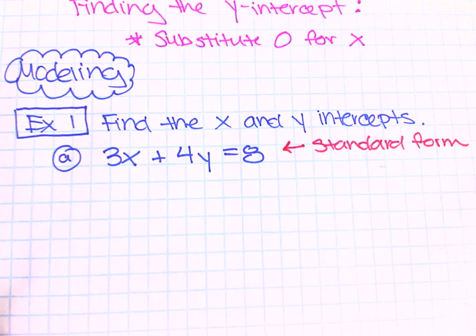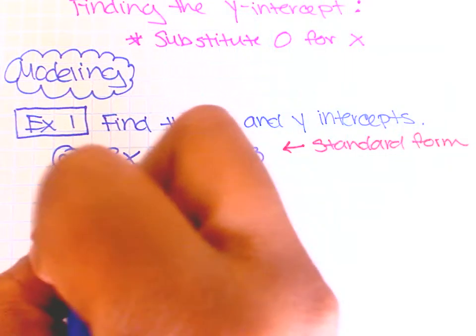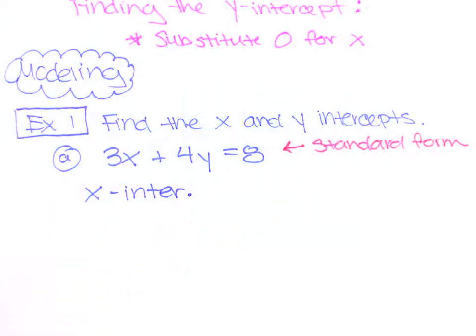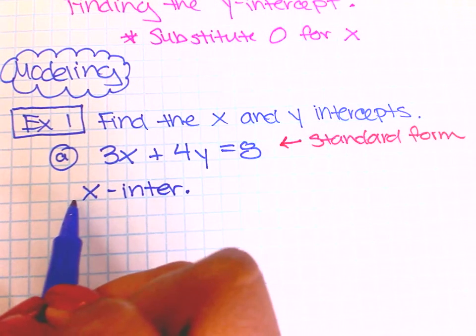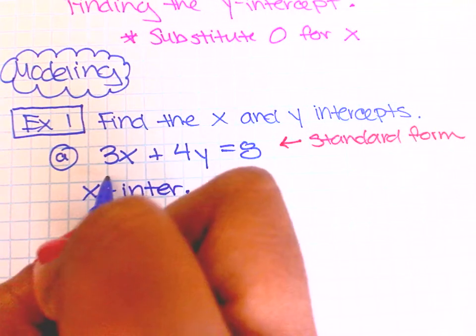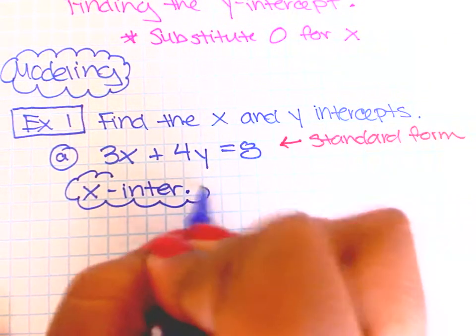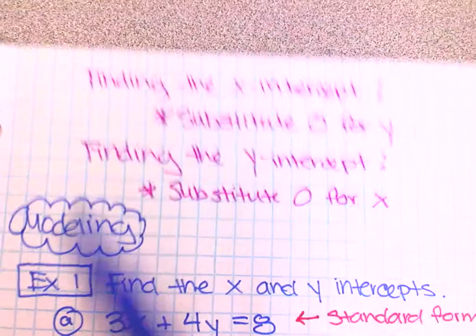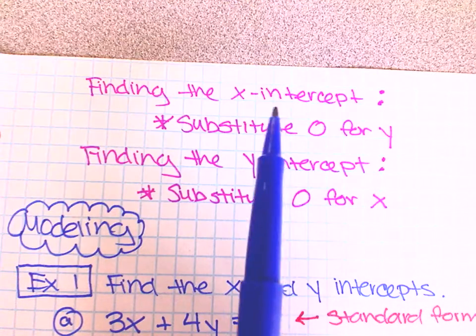So they want me to find the x and y intercepts. The first thing I'm going to do is find the x-intercept. I'm going to abbreviate x-intercept, and put a little cloud around it. Now I'm going to go back to my language of the discipline. To find the x-intercept, I need to substitute 0 for y. Oh, I can do that.